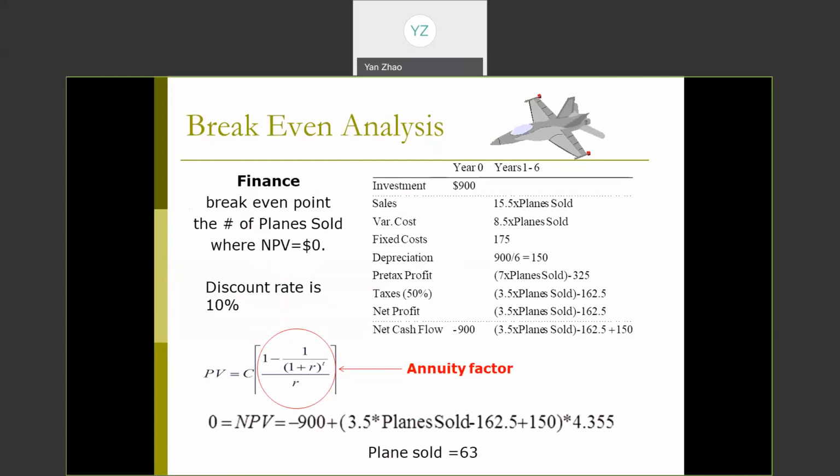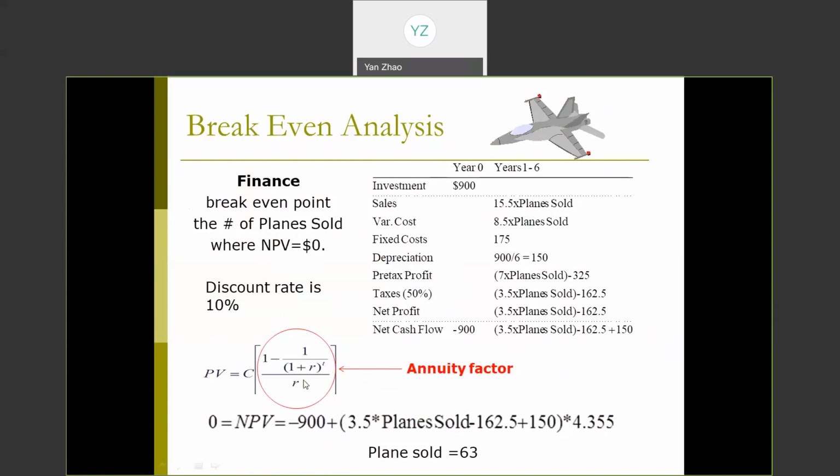Okay, so we set the net present value to 0, which is your initial investment, plus using this formula. Okay, the cash flow, capital C, here is CFO, cash flow from operation, this one, times the annuity factor, which is 4.355. The annuity factor only uses the return, which is 10%, and the period, 6 years.